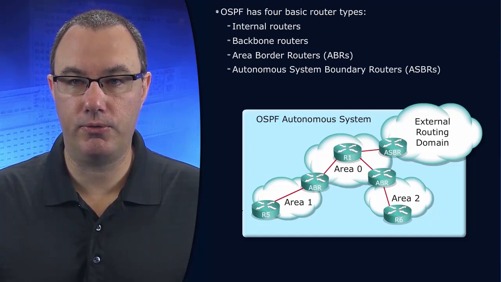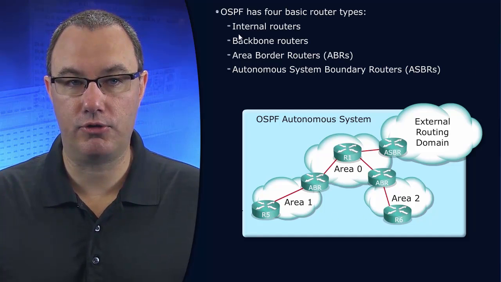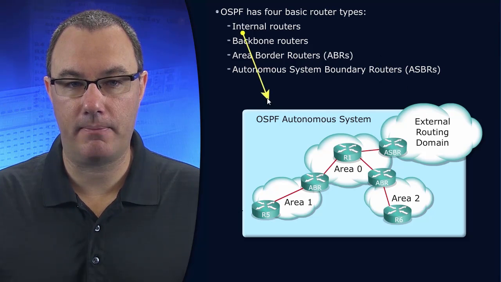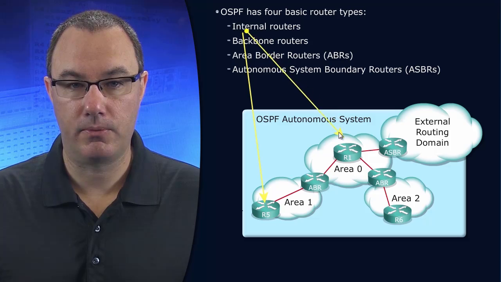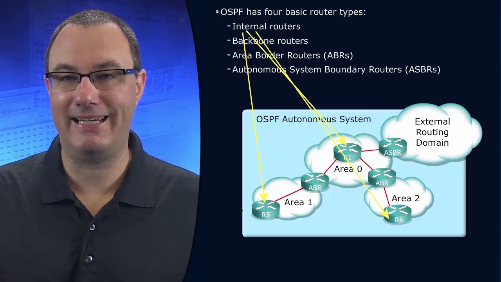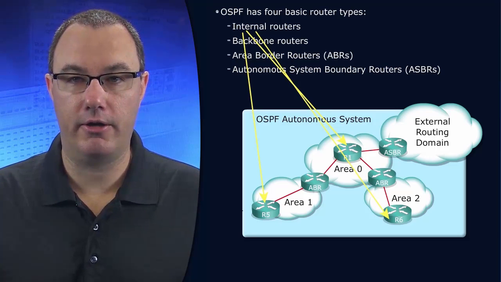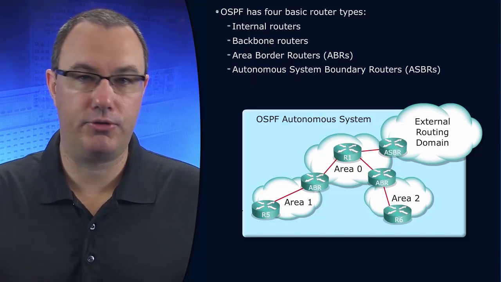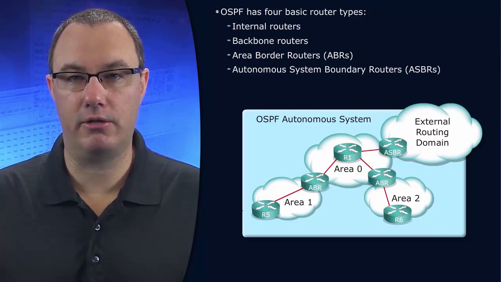So if we were to look at which are internal routers, I would want you to think, I've got my router 5 over there, router 1, and then router 6. Those are the internal routers of this topology. On internal routers, there's really not much going on that is special.